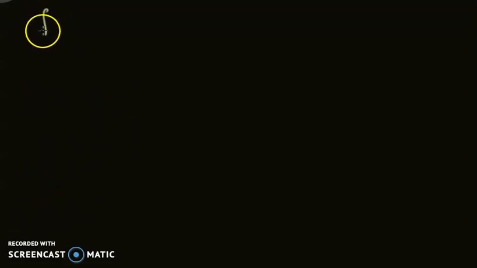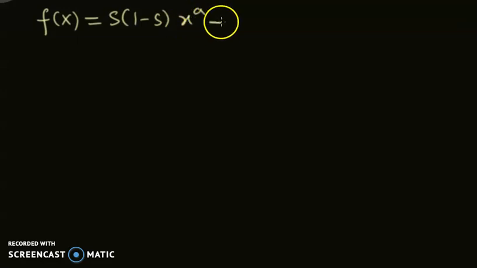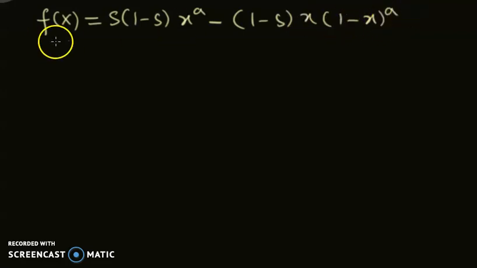In other words, in this case, f of x was equal to s times 1 minus s, and x to the a minus, then we have 1 minus s times x times 1 minus x to the power a. So let me find out its derivative. Indeed, forgive me, this is x. So s has to be over here, then I'll be differentiating this.